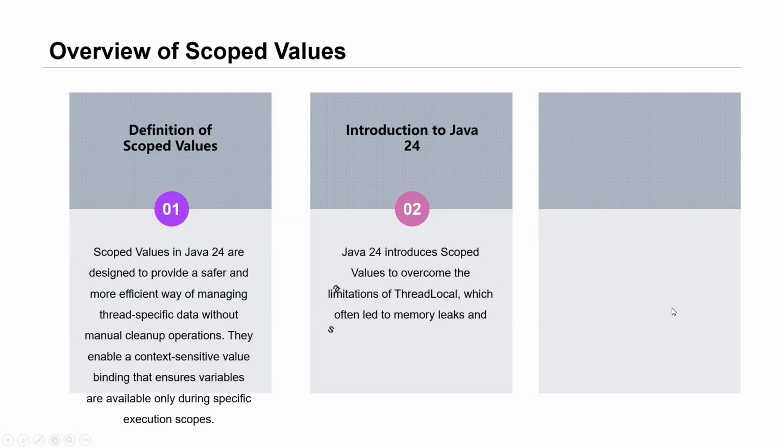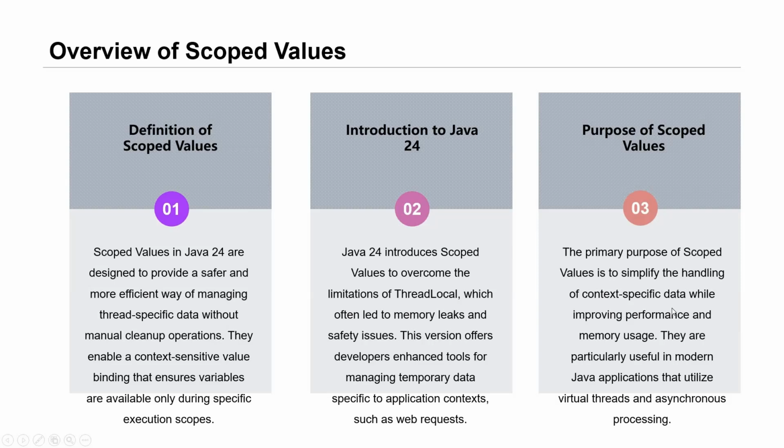They were introduced to overcome the limitations we faced while using ThreadLocal, which often led to memory leaks and safety issues. They offer developers enhanced tools for managing temporary data specific to an application context, such as a web request.